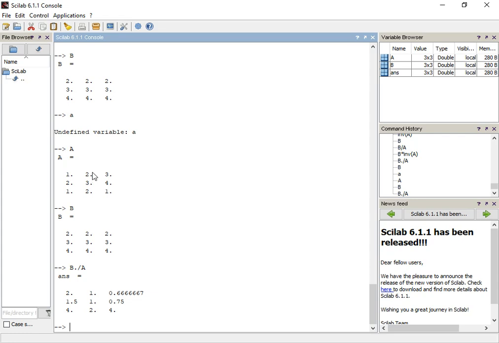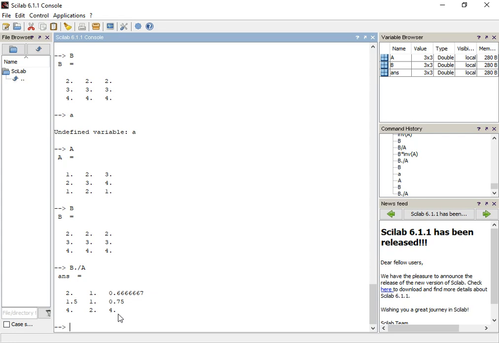Here B is 2, here entry is 2, so 2 by 2 it is 1. Here entry is 2, here entry is 3, so 2 by 3 it is 0.666 approximately. 3 by 2, so it is 1.5. 3 by 3 it is 1, and 3 by 4, so it is approximately 0.75. 4 by 1 it is 4, 4 by 2 it is 2, and 4 by 1 answer is 4. So that is the point-wise division of your matrices, just like the point-wise multiplication. Okay, so these are the new commands that you come to know.